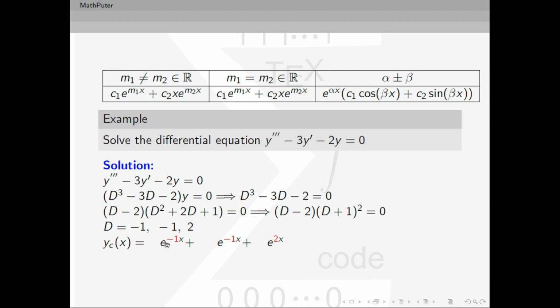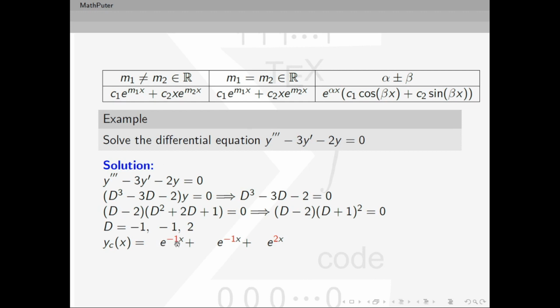Now observe this thing, e raised to minus x, e raised to minus x, and e raised to 2x. So here these two functions are equal, but I want that all the functions must be linearly independent. This time we have no idea about linear independence. Again, I repeat the thing. In the next lecture, we shall discuss linear independence for functions.